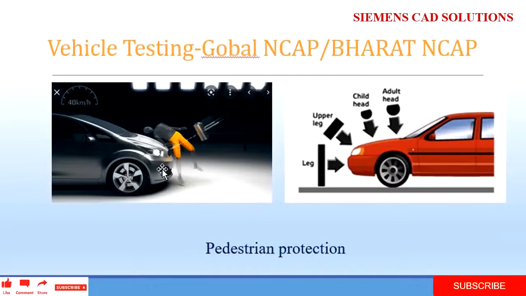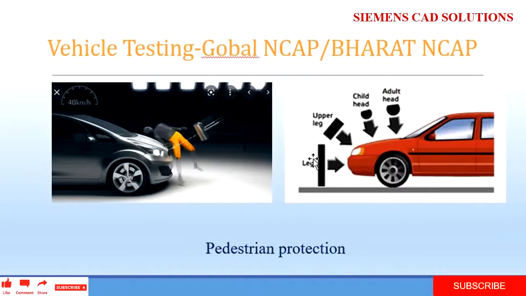So here we have the constraint that the bumper needs to collapse when hit, so that the impact on the pedestrian is reduced. Some deformation needs to happen in the bumper and front area, so that the injury to the pedestrian is reduced. So here we have the standard.